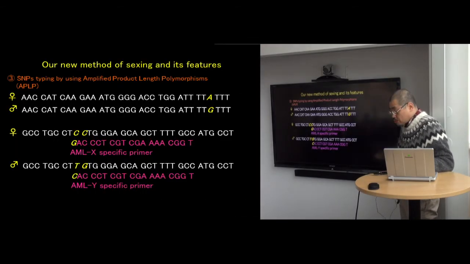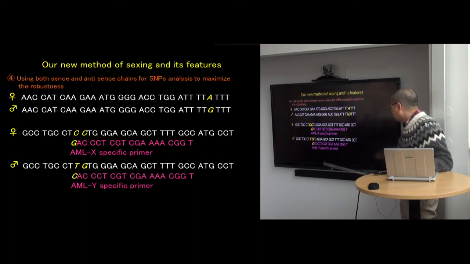Then the last feature of our method is the bidirectional analysis of SNPs. What you can see here is the sense chain sequence of male and female exon 2 of the amelogenin gene.